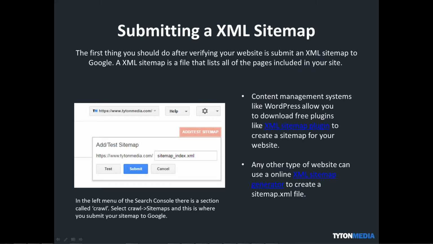Now, if you don't have WordPress or you're on a custom developed site or whatever, there's also XML sitemap generators that you can download that will just crawl your website through internal linking and map out all the pages and create an XML sitemap for you. We've put a link to one here that's a good free service.